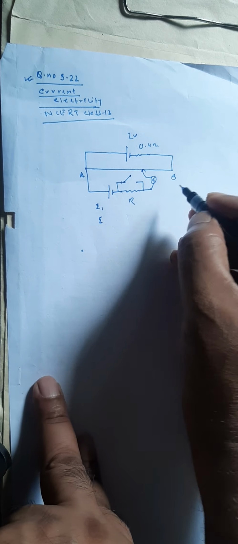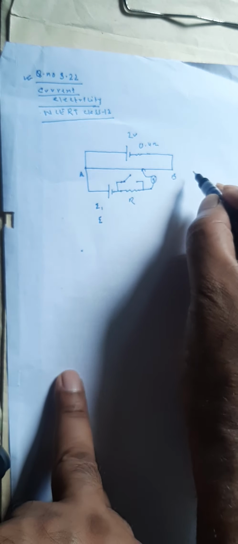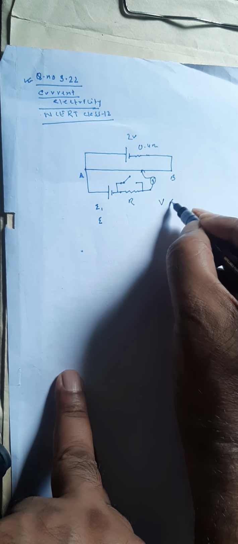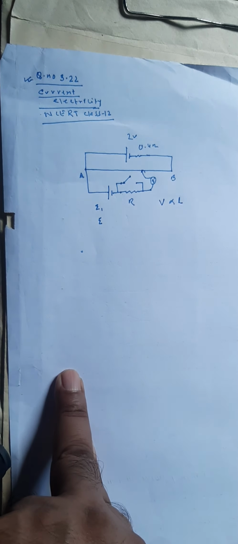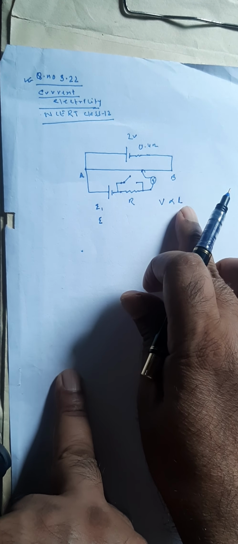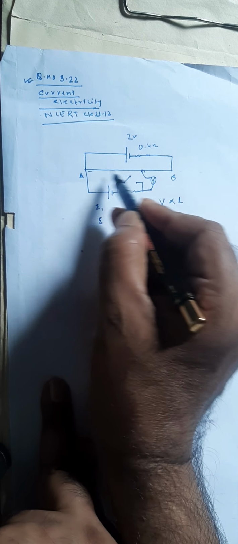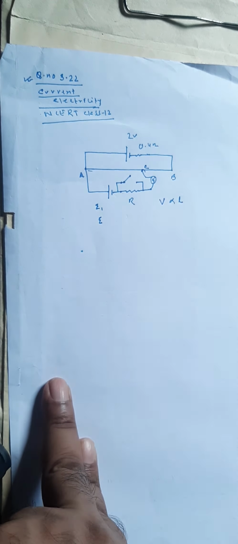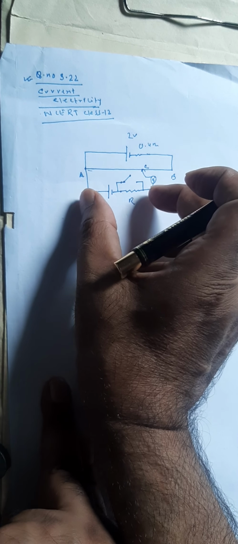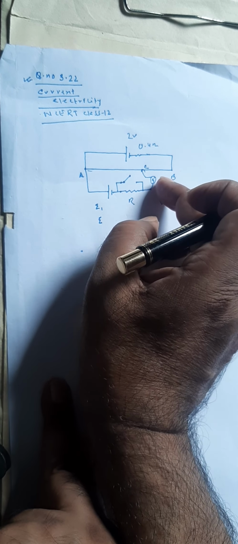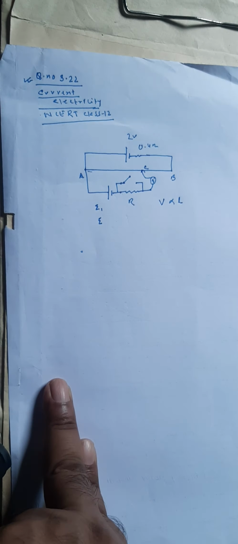To find the solution, the potentiometer is based on the principle that the potential difference is directly proportional to the balancing length. If this is the balancing length, like AC, and any cell is connected here and the galvanometer shows null deflection, then this length is known as the balancing length.